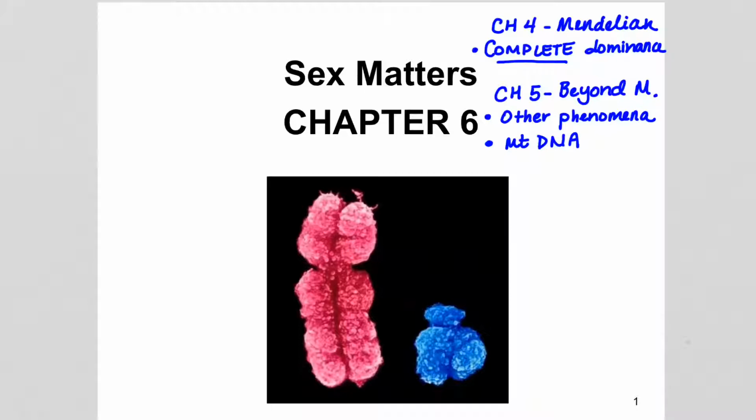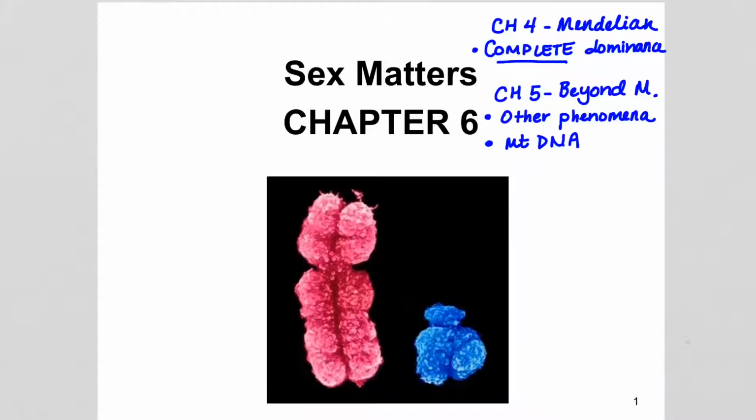All these different phenomena had, rather than our expected 1 to 2 to 1 genotypic ratios when we crossed heterozygotes, they varied with regards to what we'd see. Or instead of our expected 3 to 1 phenotypic ratios, where as long as we had one dominant allele we would see the same phenotype, these phenomena varied. Very often we would see a new phenotypic class within our heterozygotes, for example.